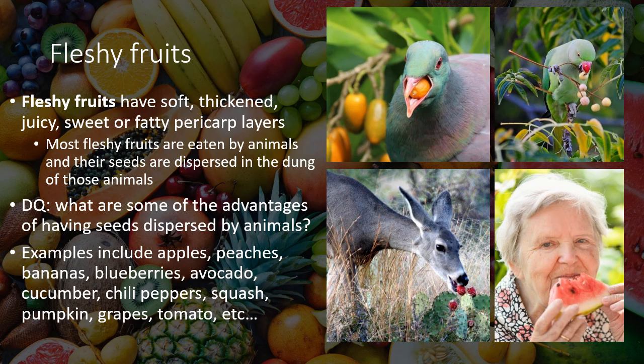And that's one of the reasons why we see different nutritional content in different types of fruits. So these fleshy fruits have soft, thickened, juicy, sweet, or fatty pericarp layers. And most of these fleshy fruits are eaten by animals. And the seeds are dispersed in the dung or manure or feces of those animals.